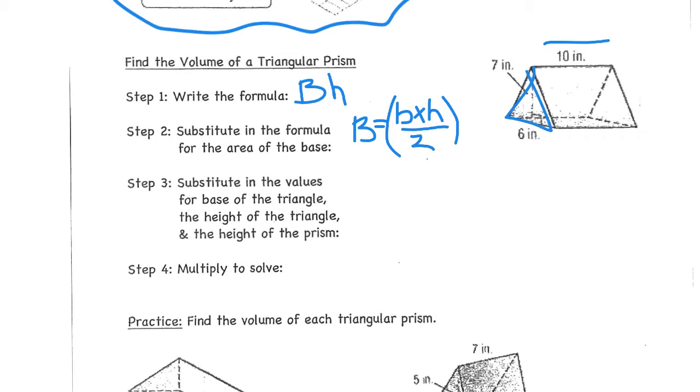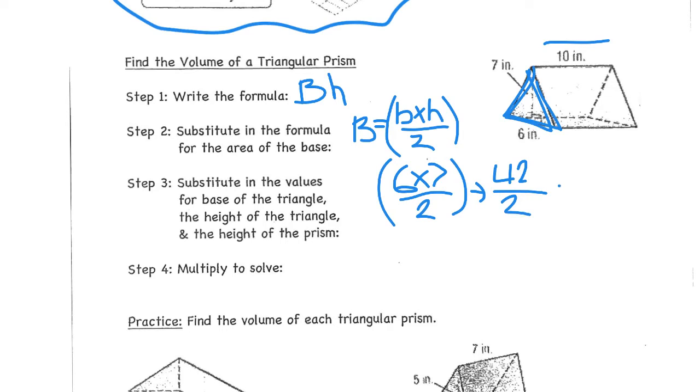So to find this blue triangle over here, we have our base is 6 and our height is 7. So we know we have to do 6 times 7 divided by 2, because half of 6 times 7 is the same thing as 6 times 7 divided by 2. So 6 times 7 gives me 42.